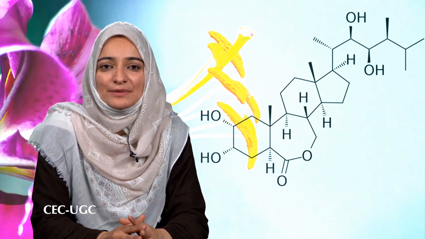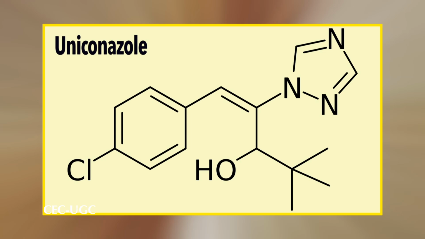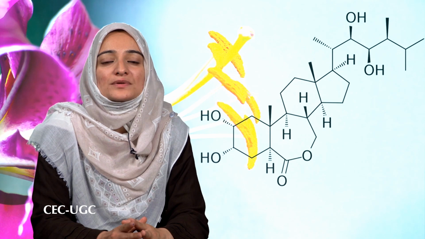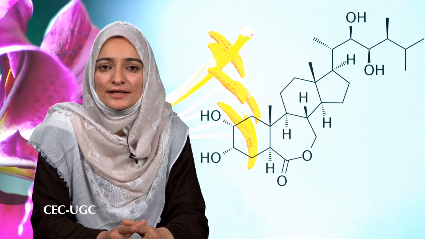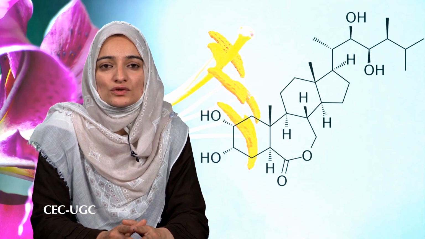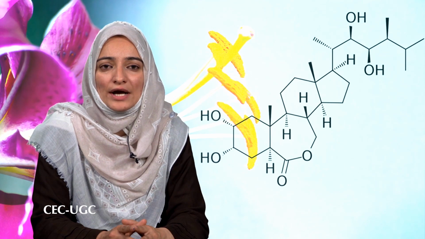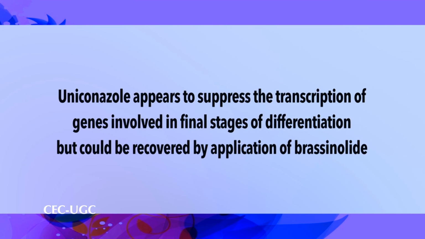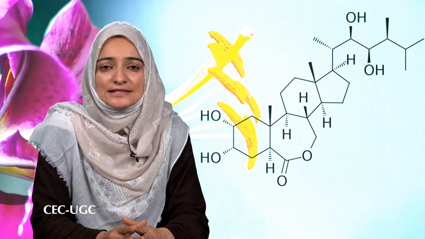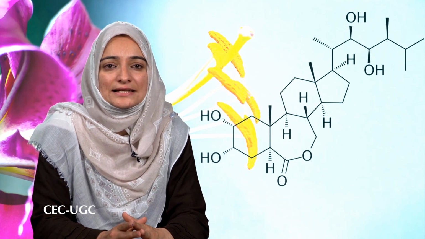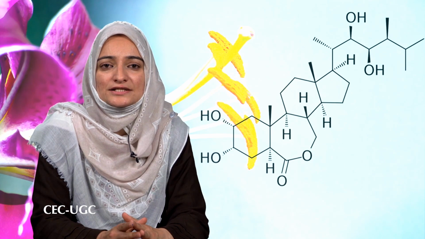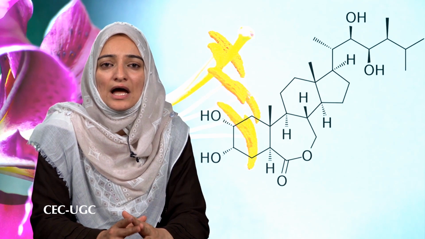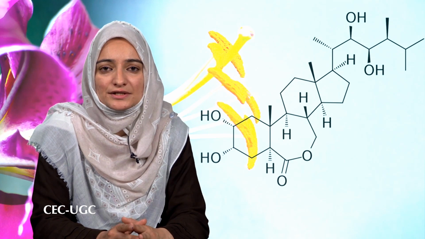It had previously been shown that uniconazole prevents differentiation of Zinnia mesophyll cells into tracheary elements, and this inhibition was overcome by exogenous brassinosteroid application. Uniconazole appears to suppress the transcription of genes involved in the final stage of differentiation, but this could be recovered by the application of brassinolide. It suggests that brassinosteroids are synthesized immediately prior to secondary cell wall development and cell death and possibly induce entry into this stage.